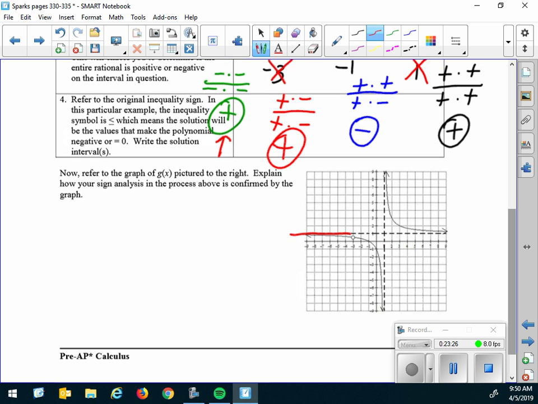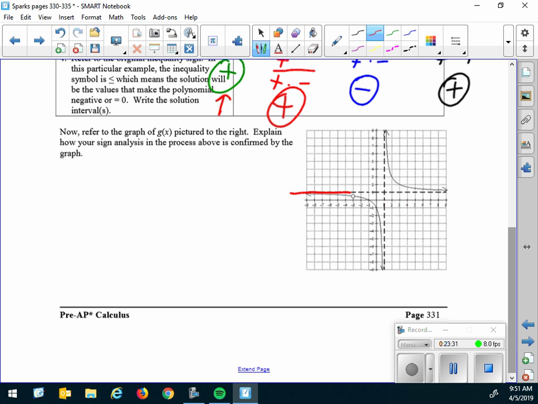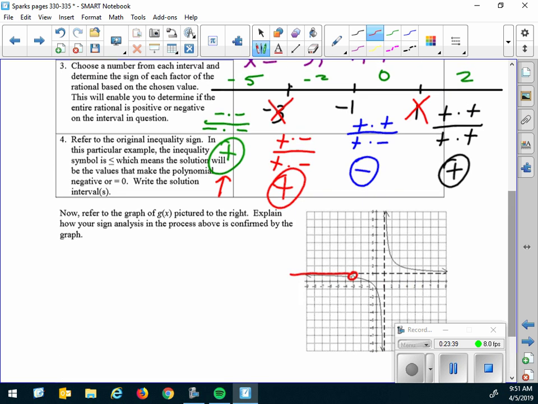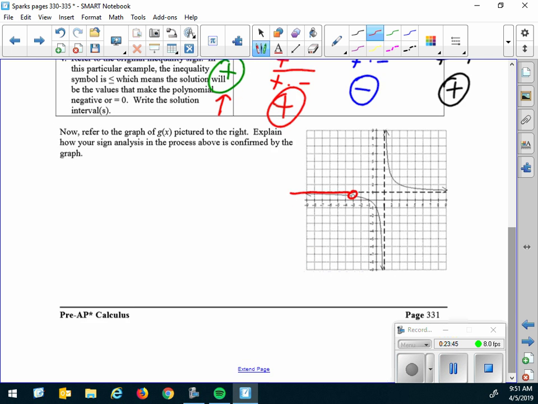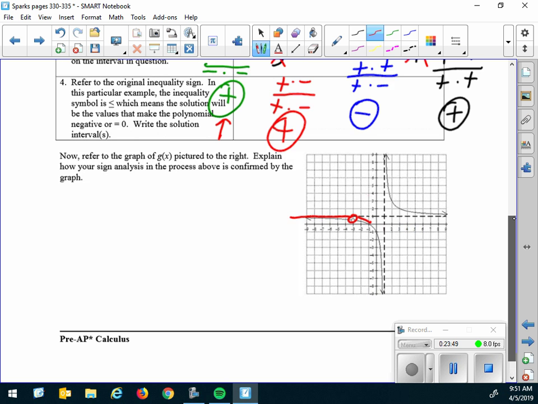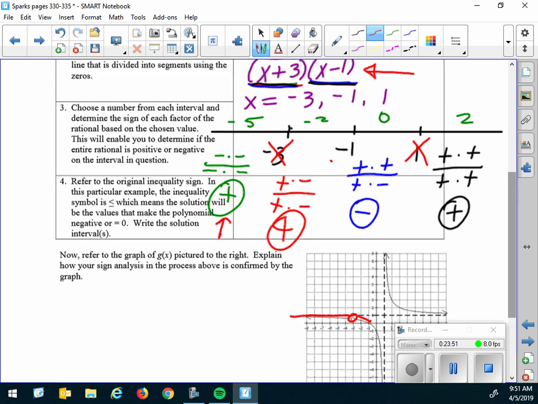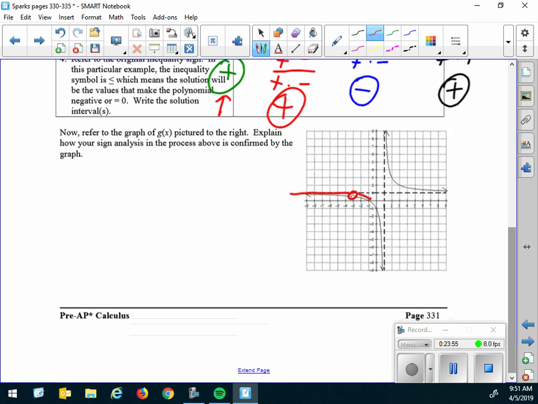We said -3 doesn't work. We marked it out. Does that justify with the graph? Because what's at -3? A hole. And then we said between -3 and -1, we're still above the x-axis. Yep. At -1, we are at 0. That makes sense. We're good there.